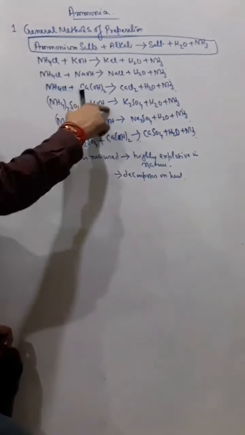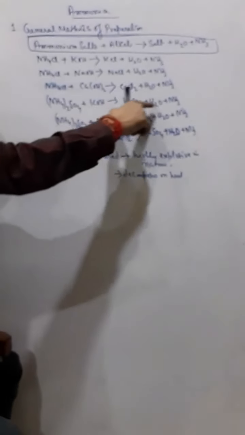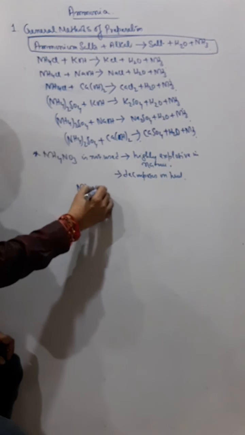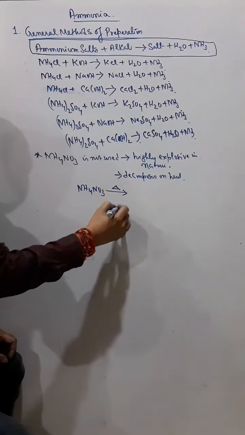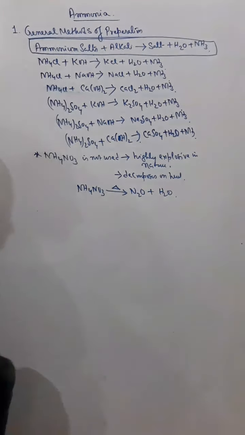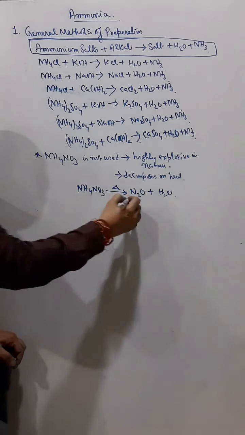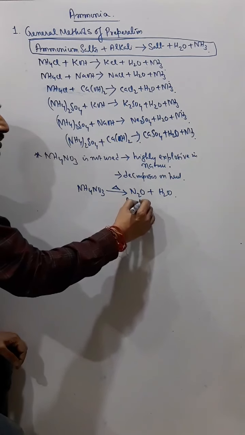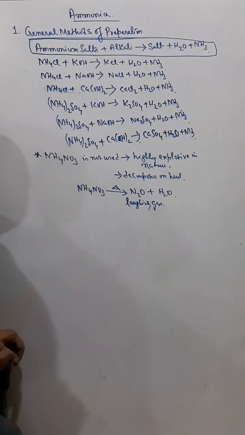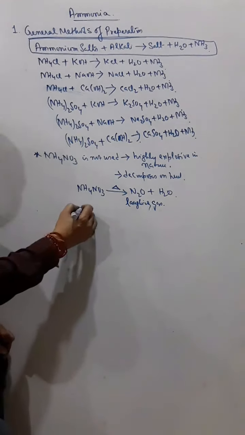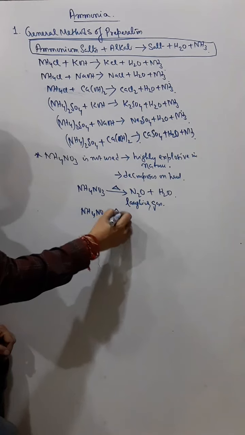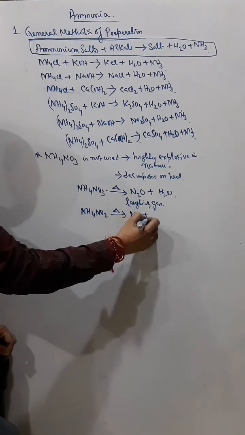So when you heat it, it will not react in this way, it will in fact decompose into dinitrogen oxide and water. This is commonly known as laughing gas, N2O or dinitrogen oxide. And ammonium nitrate also, on heating, decomposes into nitrogen and water.